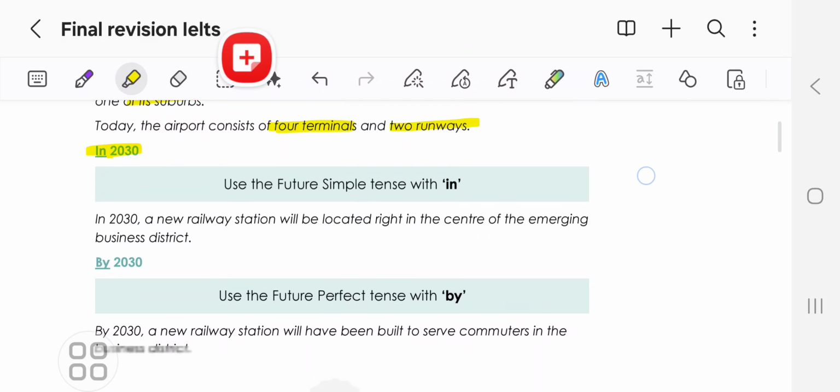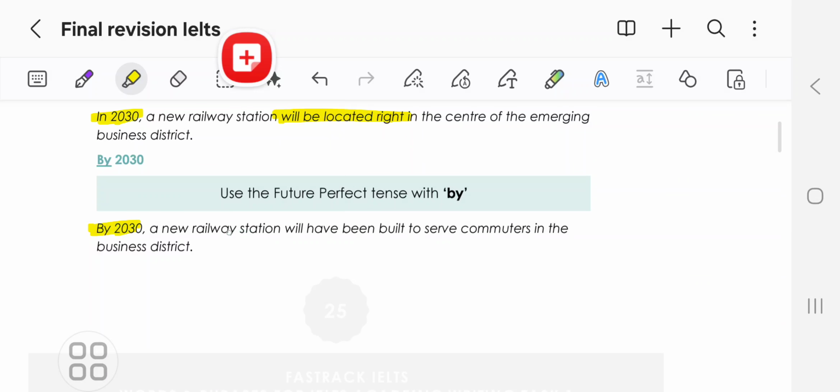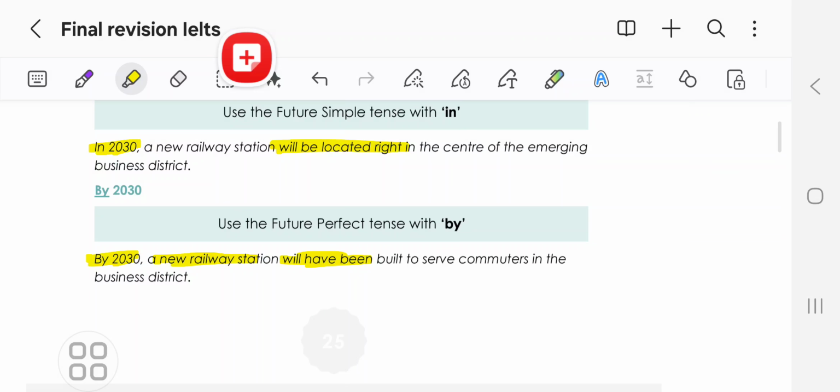In 2030, which is future simple tense, in 2030 the new railway station will be located in the center of the emerging business district. By 2030 a new railway station will have been built. Okay, so in 2030 will be located, by 2030 will have been built to serve the commuters in the business district. Okay, like that.